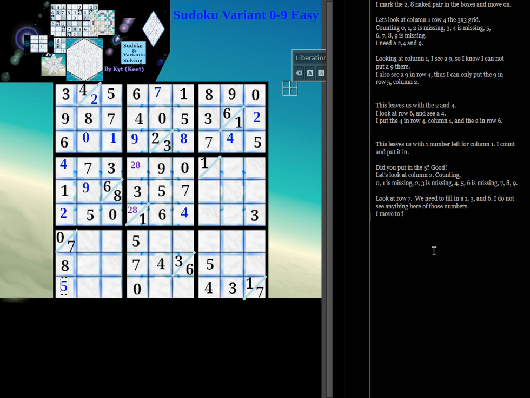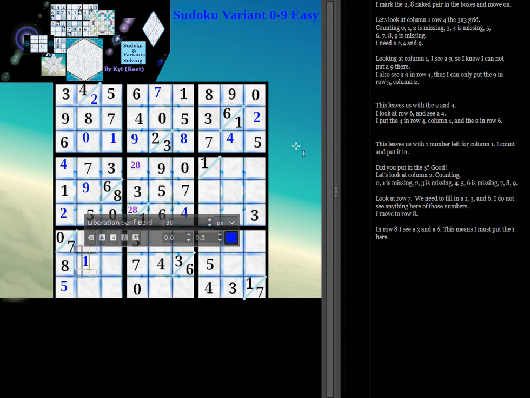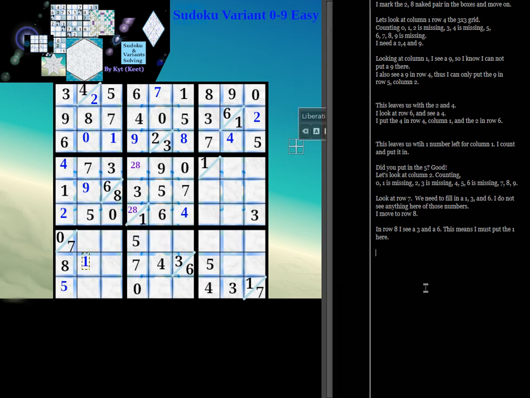I move to row 8. In row 8, I see a 3 and a 6. This means I must put the 1 here. Moving on to row 9, I see a 1 and a 3.